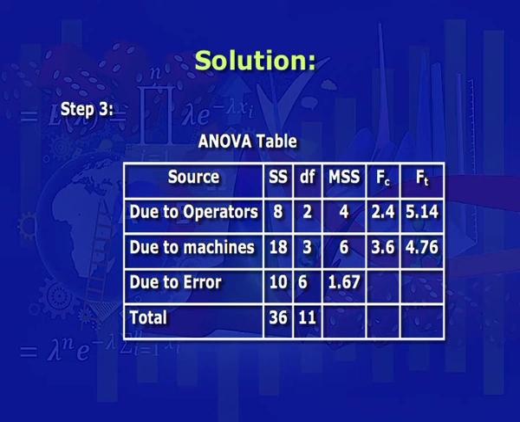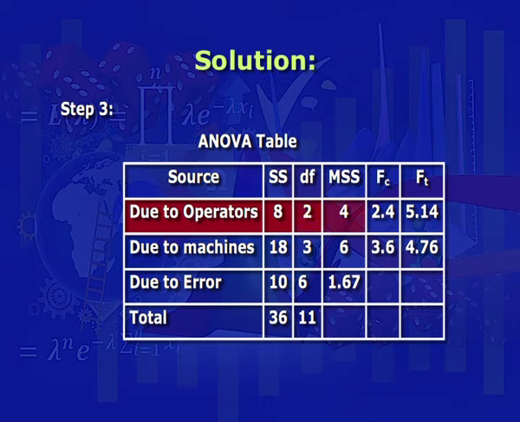In ANOVA table, first column indicates the sources, second column indicates sum of square, third column denotes degrees of freedom, fourth column denotes mean sum of square, fifth column denotes the calculated value of F statistic, and last column denotes the tabulated value of F. Due to operators, the sum of squares we have earlier calculated, which is 8, its degrees of freedom is 2.